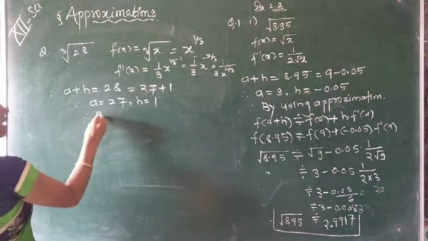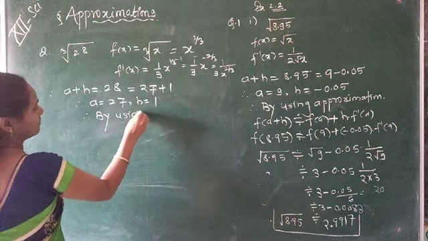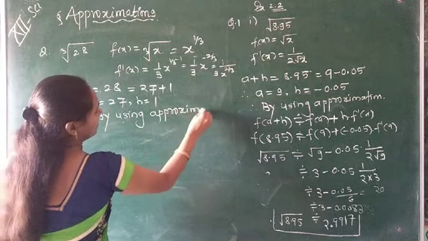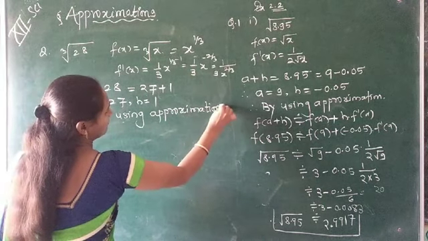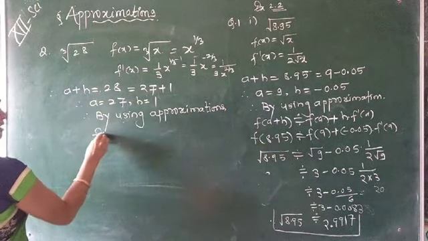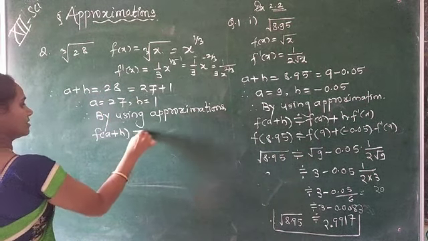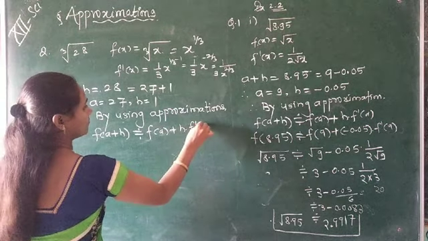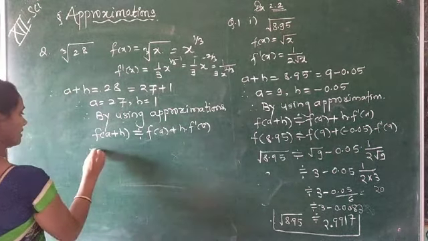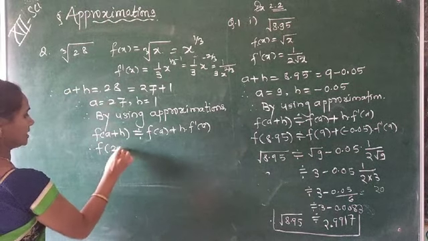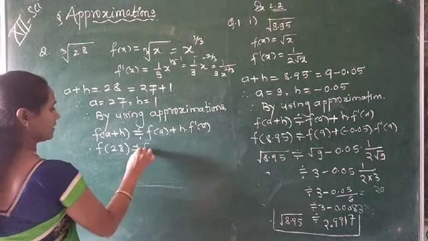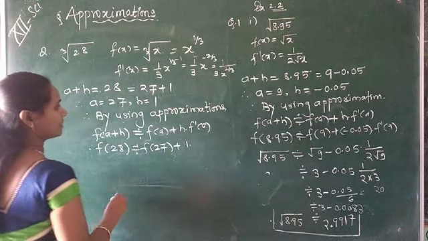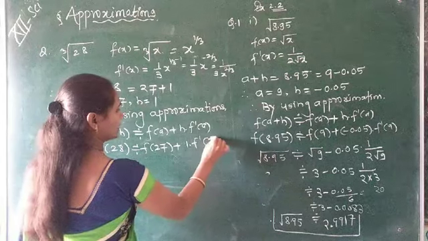Therefore again by using approximations, f of a plus h is approximately equal to f of a plus h into f dash of a. F of a plus h, that is 28. F of a, value of a is 27, plus value of h is 1 into f dash of 27.